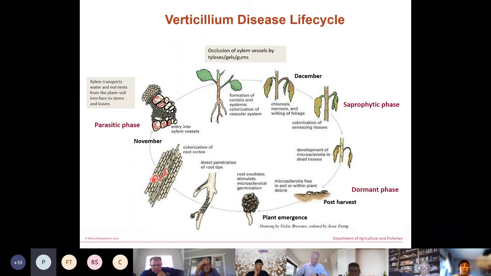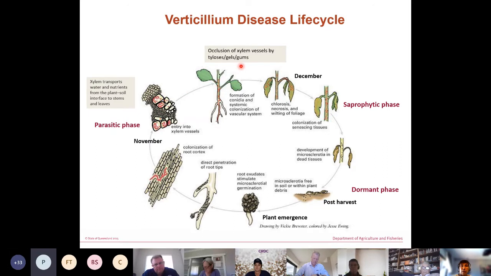It colonises the root cortex, and then it moves into a parasitic phase and colonises the xylem. The xylem in the plant is the transport organ for water and nutrients coming from the soil into the roots, up the stem and into the leaves. So this whole area is going to be colonised by the pathogen.